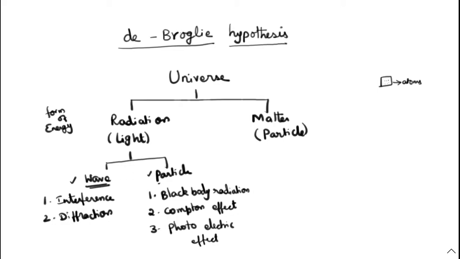Sometimes it behaves as a wave and sometimes it behaves as a particle, but it has both natures. So light has a dual nature.